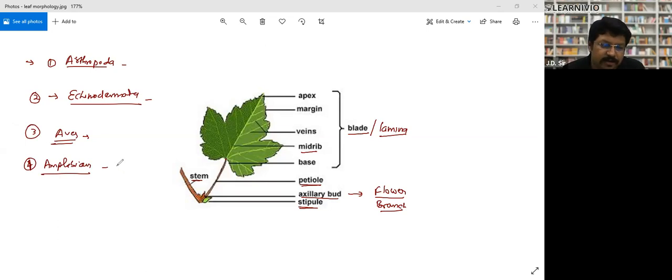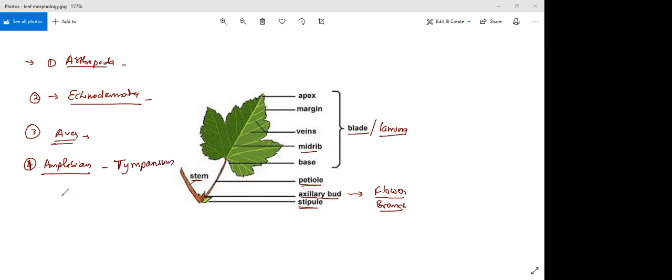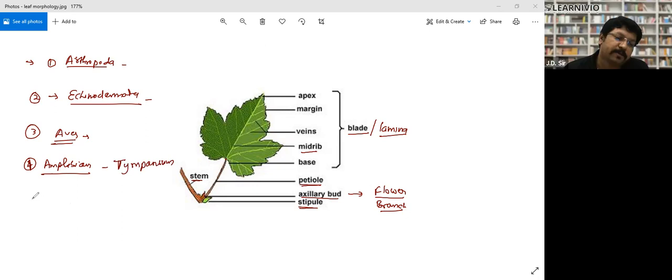External or internal? Externally on the ear, they have a membrane. What do we call that? Tympanum, right? Tympanum membrane.